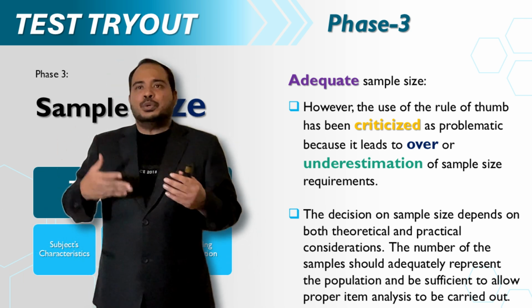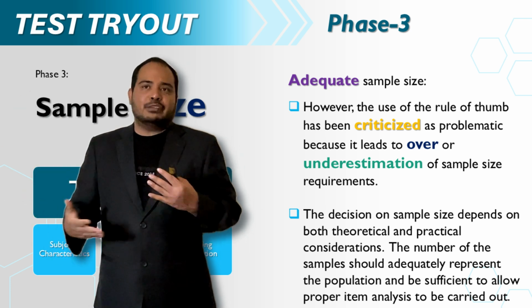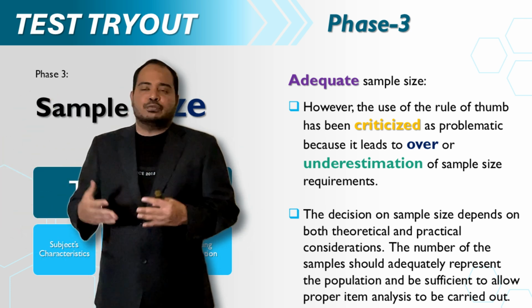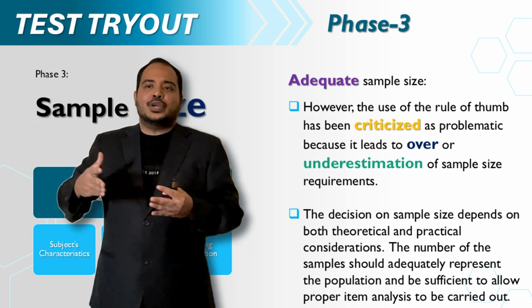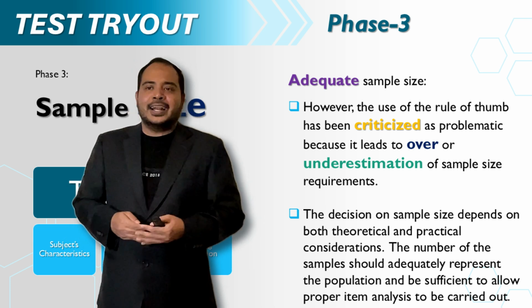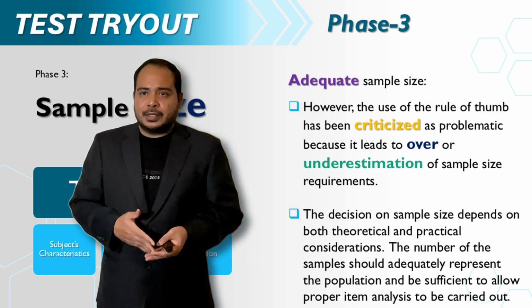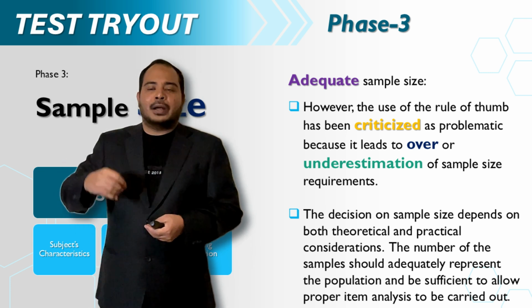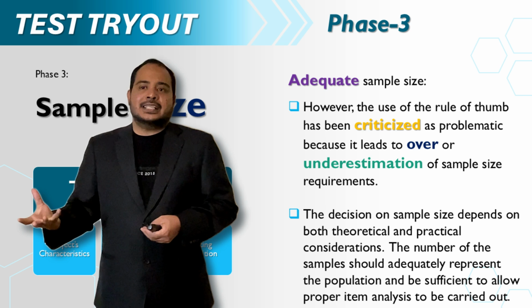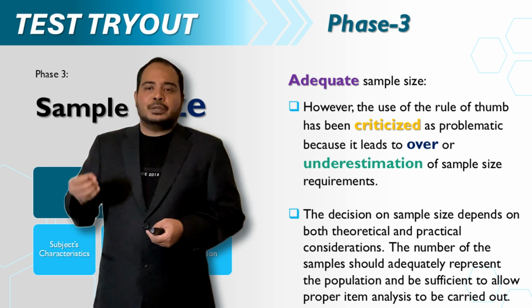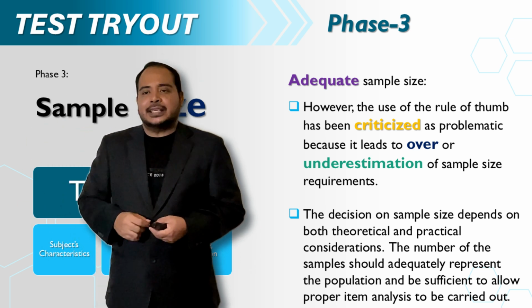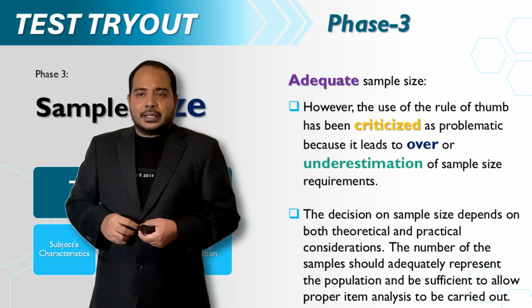Underestimation is when we want to use a more advanced analysis, for example, structural equation modeling, which requires a minimum of 400, and we only gather 300 data. So the rule of thumb receives criticism as a problematic method because it leads to over or underestimation of sample size requirements.